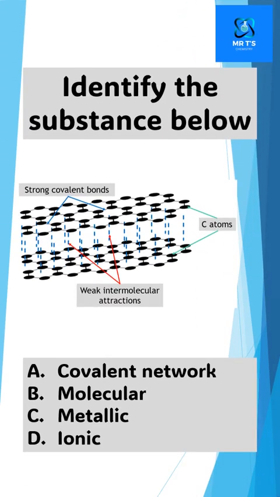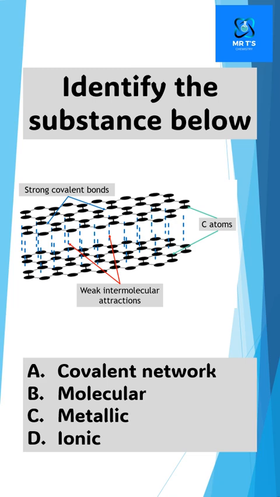Identify this substance below. So this substance here, we're showing two-dimensional layers. Each two-dimensional layer has strong covalent bonds between the carbon atoms, and in between the two-dimensional layers are weak intermolecular attractions.